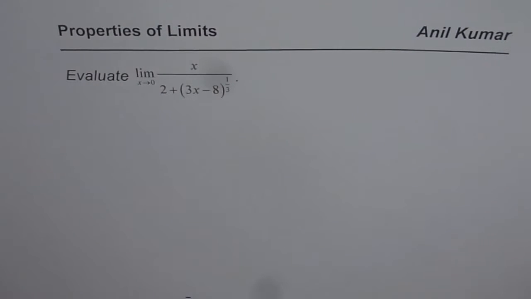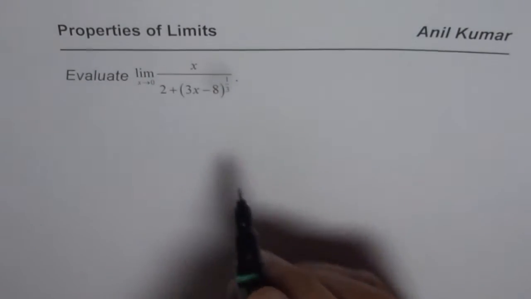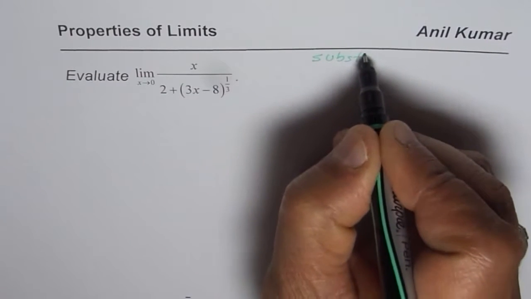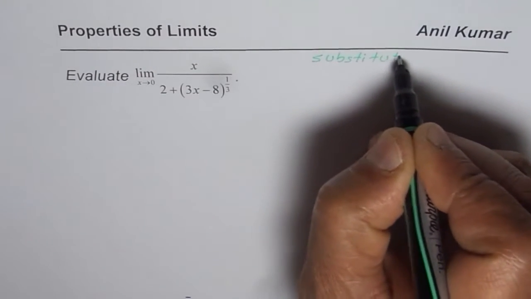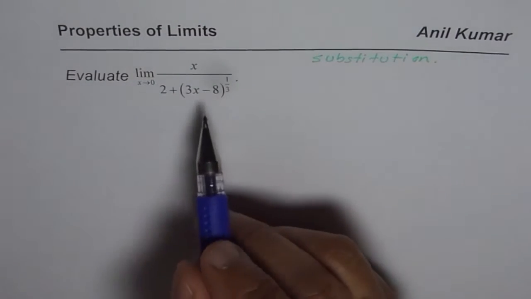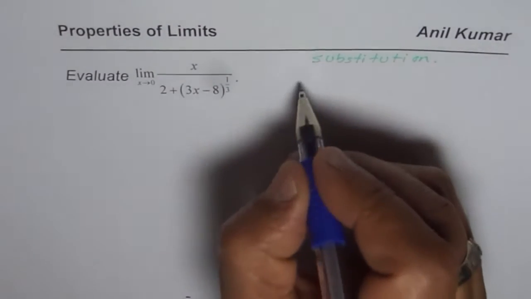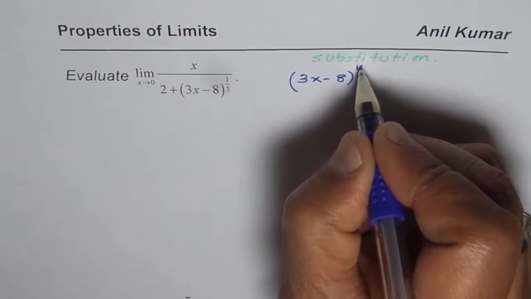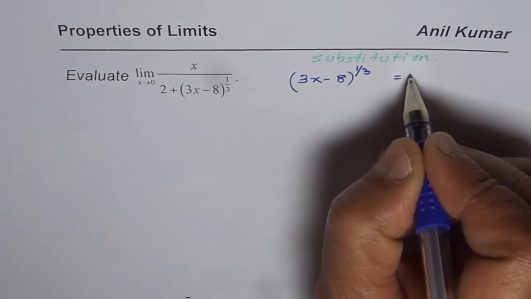Now the best method to solve such questions is the method of substitution, right? So that is the method we are going to follow. What are we going to substitute? We are going to substitute (3x minus 8) to the power of 1 over 3 as u.